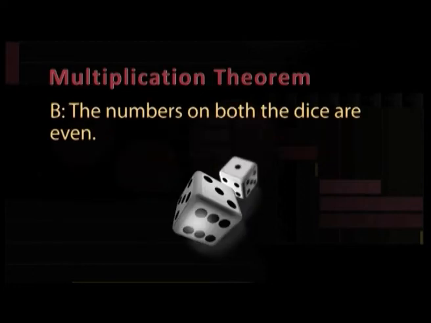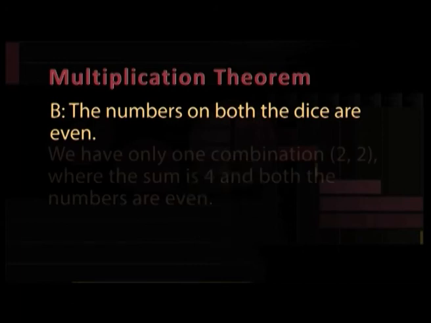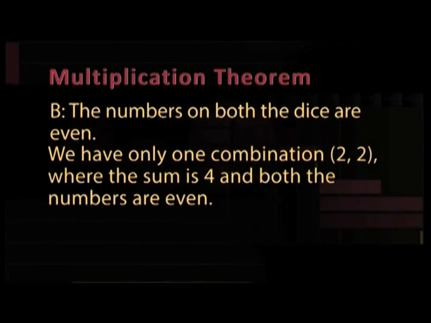Let us consider B. The numbers on both the dice are even. We have only one combination, the combination 2 2, where the sum is 4 and both the numbers are even. Hence, probability of A intersection B is equal to 1 by 36.